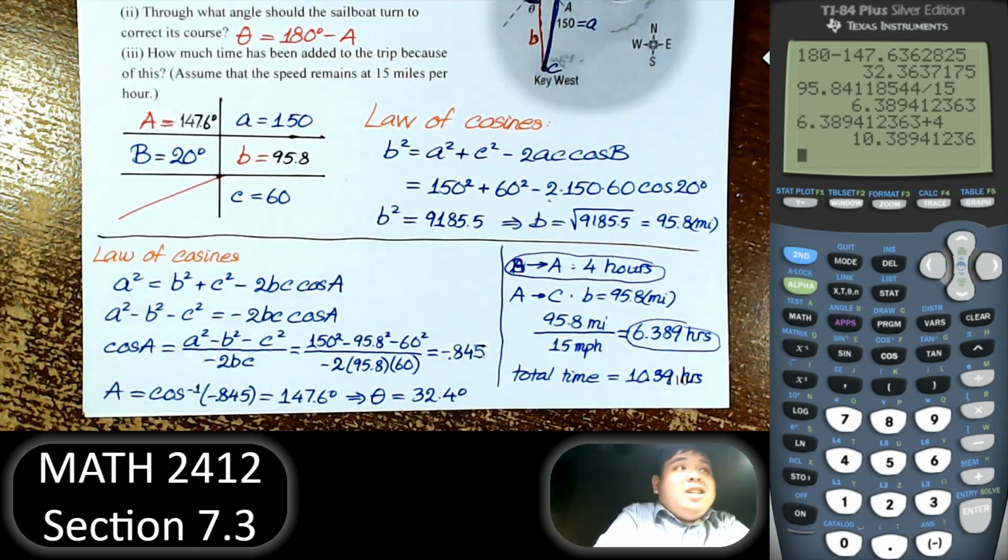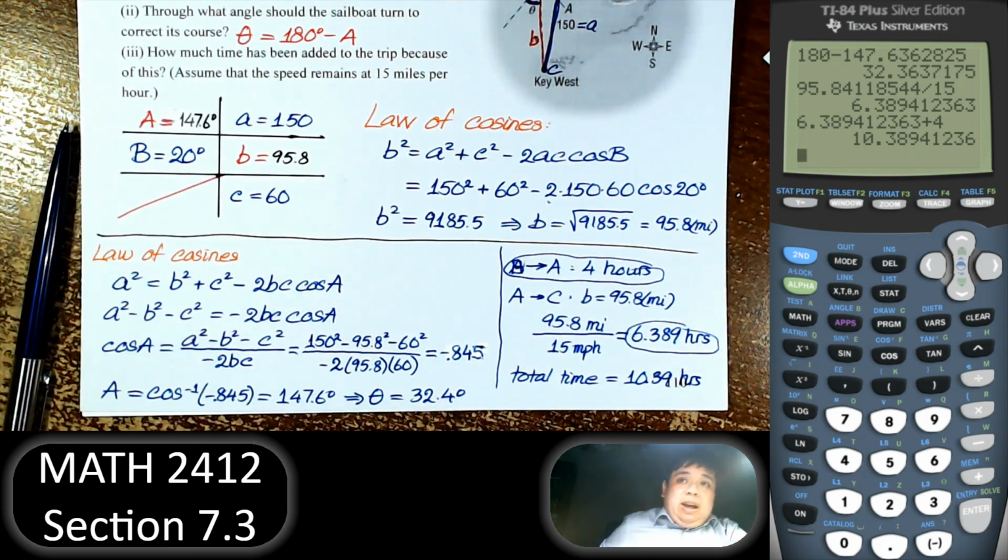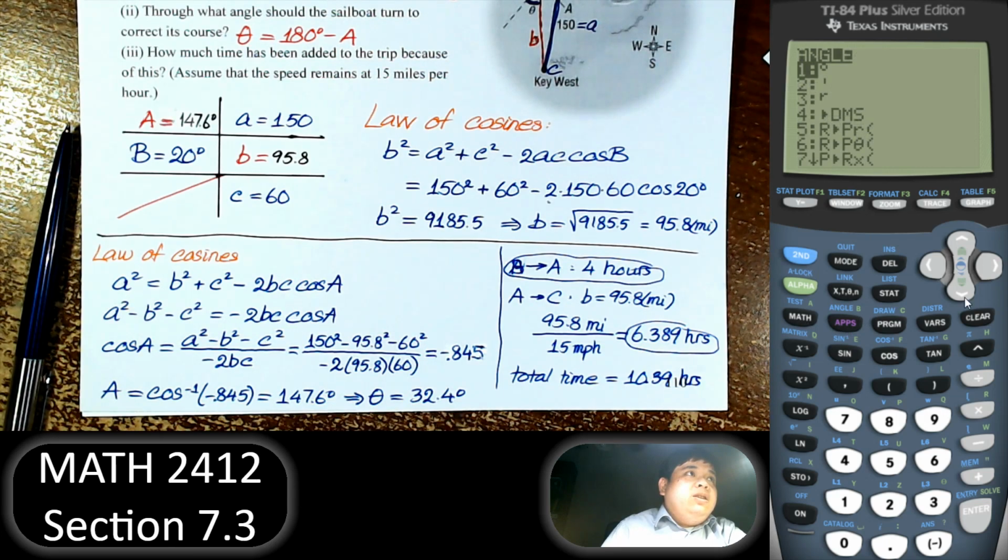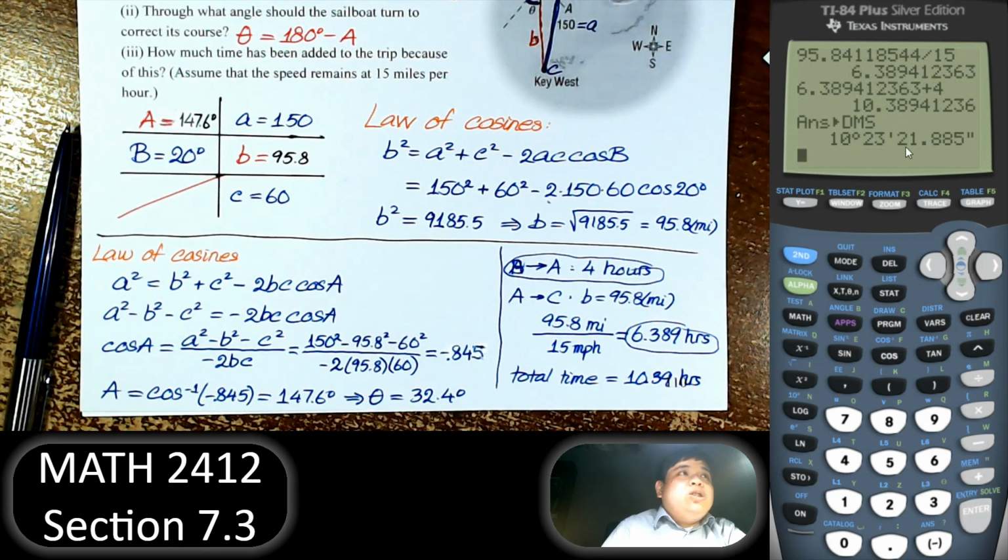Right, so it takes 10 hours and 0.389. Of course, if we want to, we can convert this decimal part to degrees, minutes, and seconds. So 10 hours, 23 minutes, 22 seconds. Right, so that takes that much time.